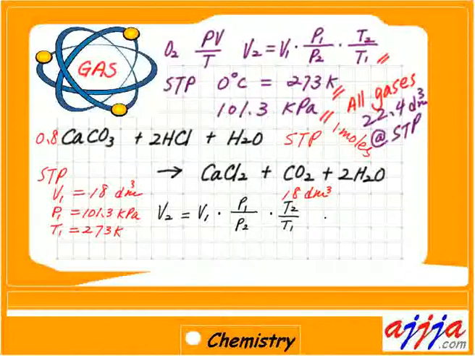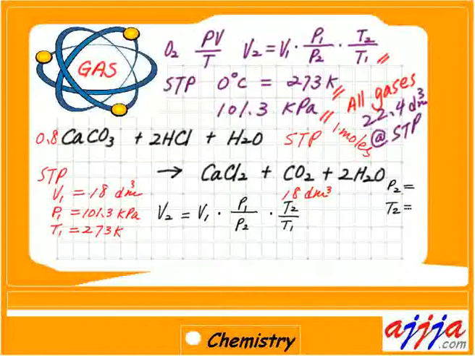It's the opposite, so T2 goes on the top and T1 goes to the denominator. Now, we all know that after a chemical reaction the temperature goes up, so P2, the pressure, is also going to change, usually going up or down depending on the reaction.